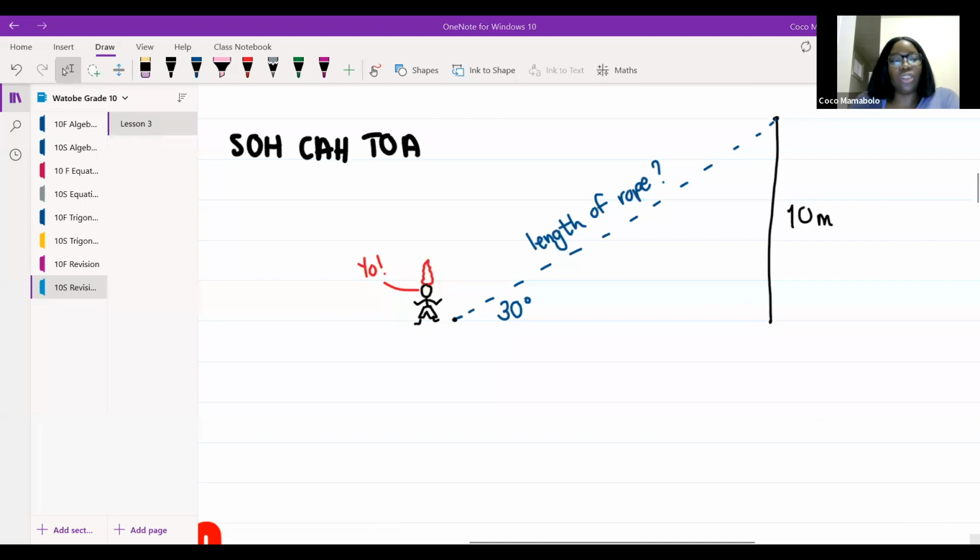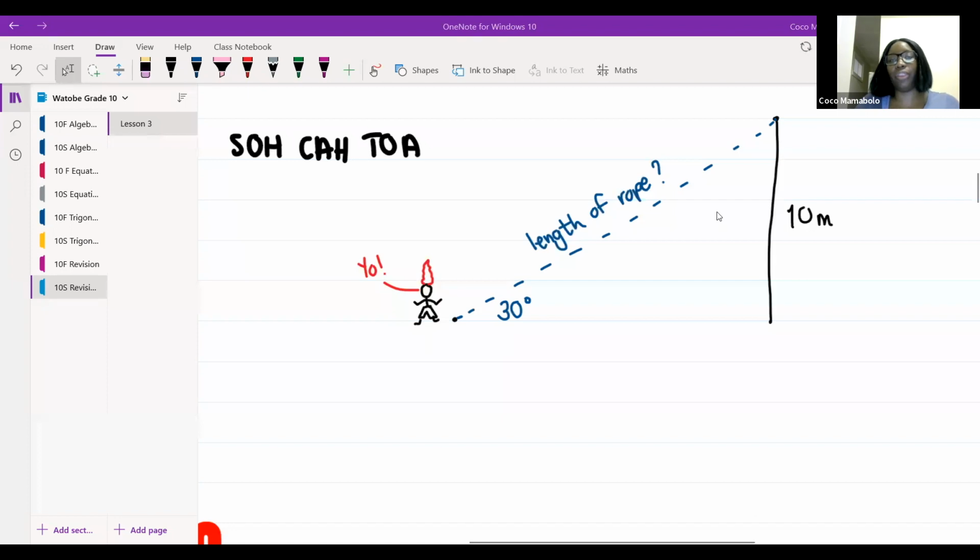So what are we going to use, guys? Let's think about what we've got here and what's happened over here. What is it that we're looking for? Good, Kahiso and Gift, you guys have got the right idea. We are looking for the hypotenuse. Good.